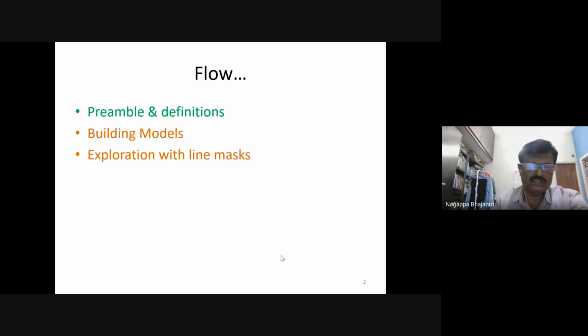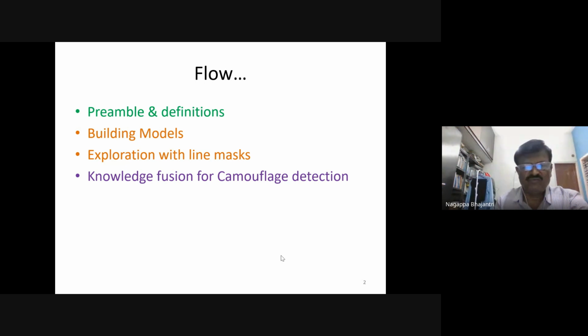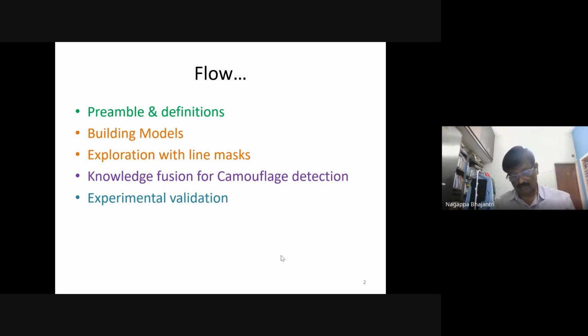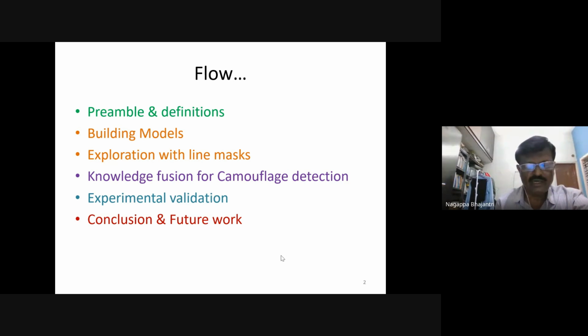Such simple statistical formulas we can expound here in order to find the deviations responsible for the creation of the camouflage, which is sometimes a nature's gift, and sometimes the military also makes use of it. So the knowledge of fusion for the camouflage detection model will be extended, and there are some experimental evidences over synthetic data as well as natural data, and eventually we can conclude this.